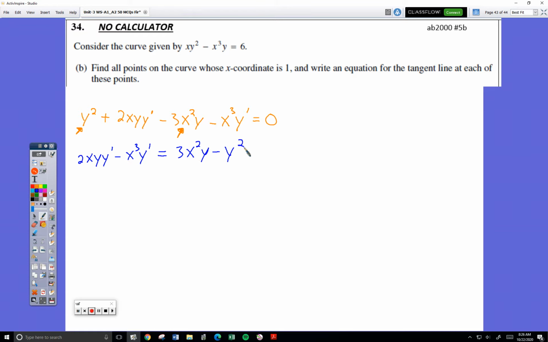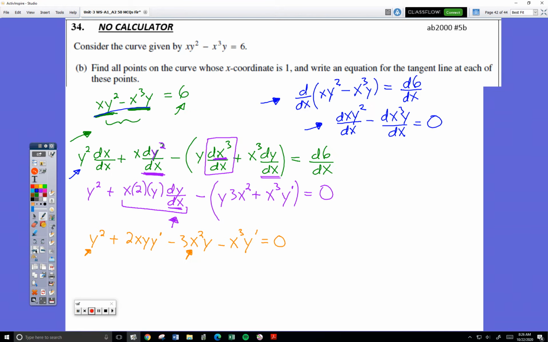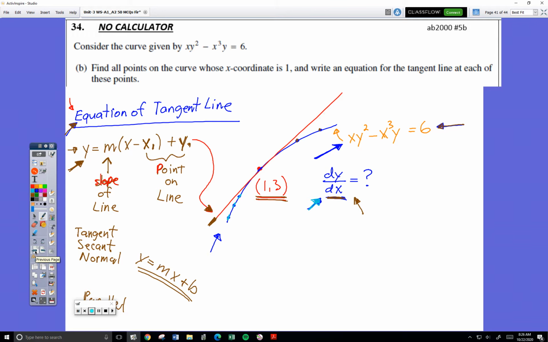Question, please. So why did you move those two specific terms over and keep the other terms on that side? 3 points. So going back to our original intent, our goal is to come up with an equation of a line tangent. So I need to find the slope of that tangent line, which means I need to find the slope of the curve right here. The slope of the curve is found by finding this equation. Does that make sense?